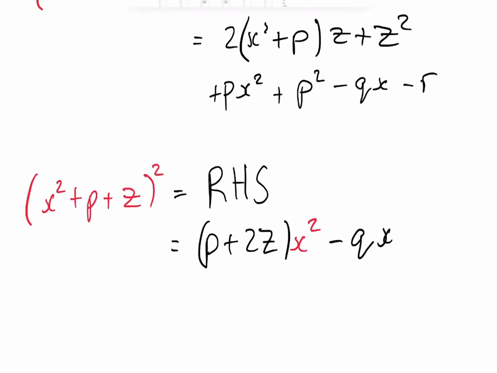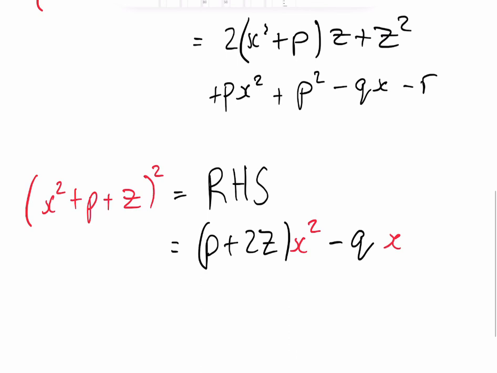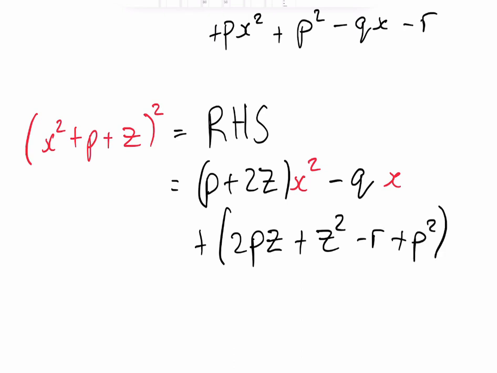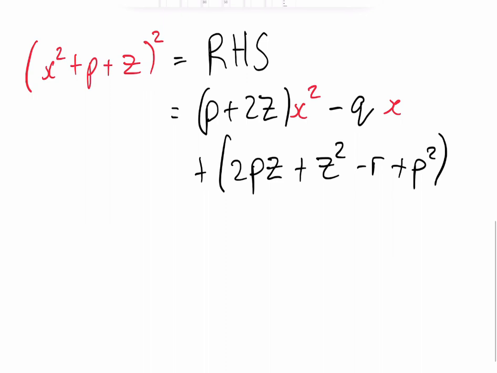I'm going to write the x in a different colour just to make sure we know it's a quadratic. Plus, in brackets, 2pz plus z squared minus r plus p squared. And we have a quadratic now on both sides. We have a perfect square equal to a quadratic.